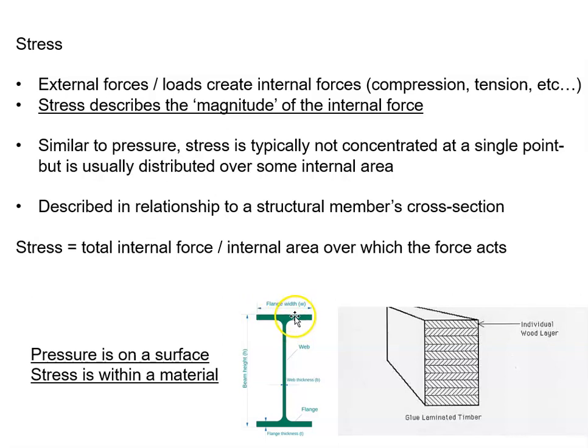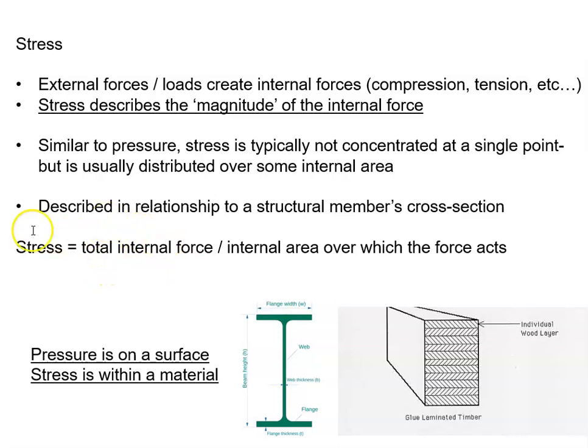Same with this. Here is the cross-section of an I-beam. And if you go into the steel manual, it will tell you exactly what the cross-sectional area is. And this is very important to engineers because this is how they discuss stress, which is a super important concept when it comes to designing structural systems.